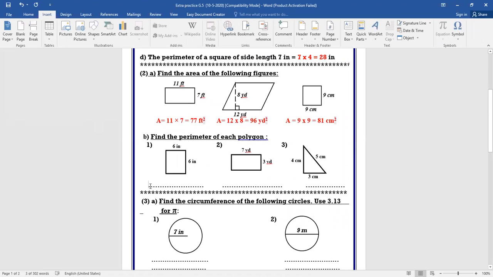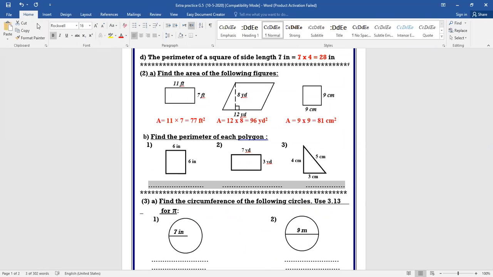Exercise number 2B. Find the perimeter. Perimeter of a square. What is the perimeter of a square? 4 multiply number of sides?